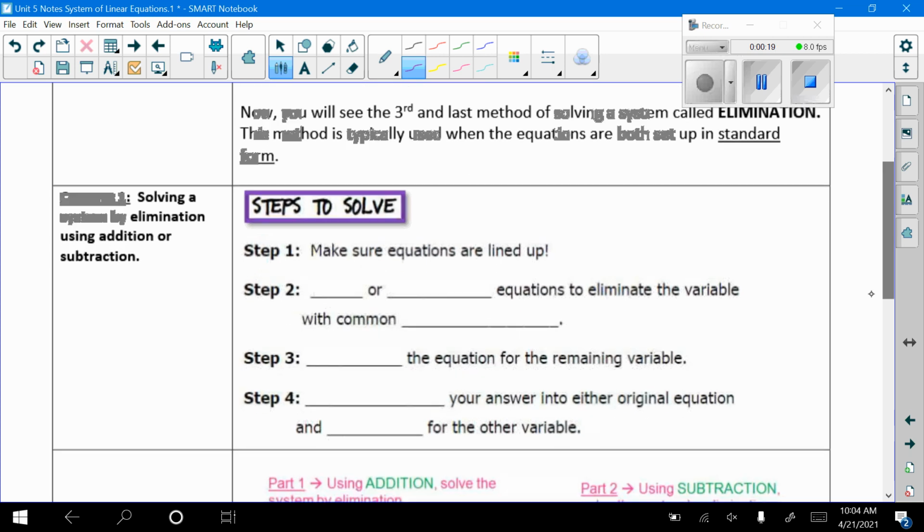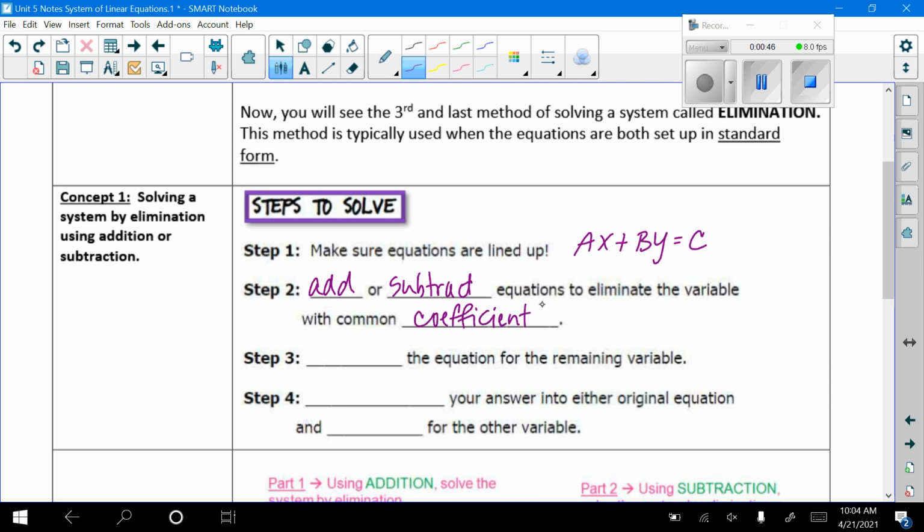So steps to solve: basically we're going to make sure our equations are lined up, and we would like them in the ax plus by equals c format, so standard form. Step 2 is we're going to add or subtract equations to eliminate a variable with a common coefficient.